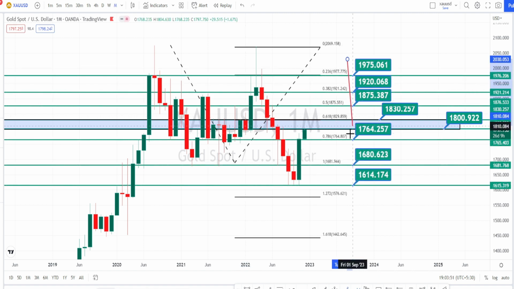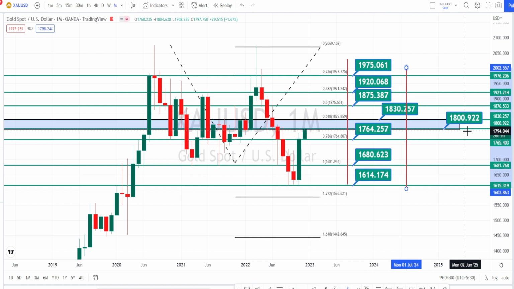So these are all the resistance and support levels for the current price action in the monthly time frame. Currently the price action is finding resistance at the level of 1800, and if it breaks this resistance zone between 1800 to 1830, we can expect it to test the next level of resistance, which is around 1875.